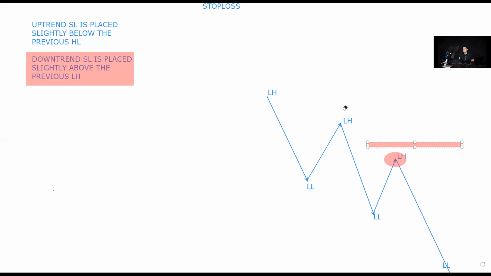We would enter this trade at the current lower high, with the stop loss placed at the previous lower high, slightly above. Make sure it's slightly above. It's not right at the lower high, and not an inch above. Give it a little gap. Now we'll see what that looks like on the chart.